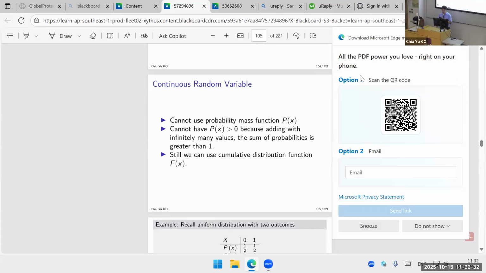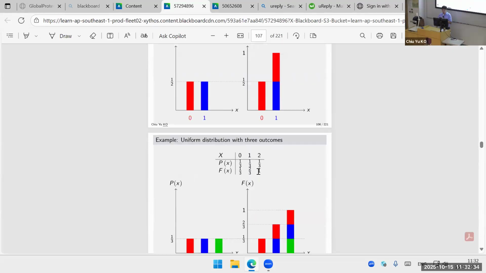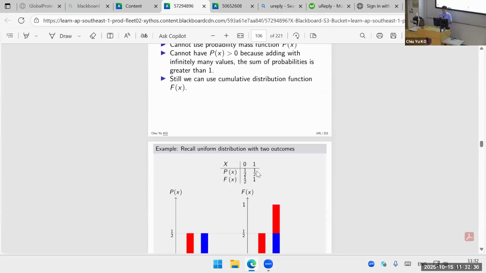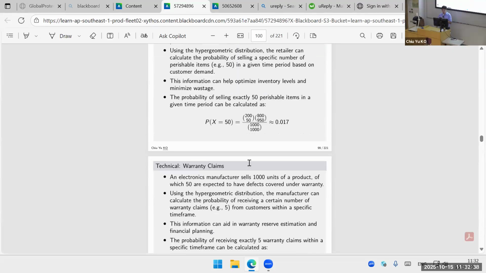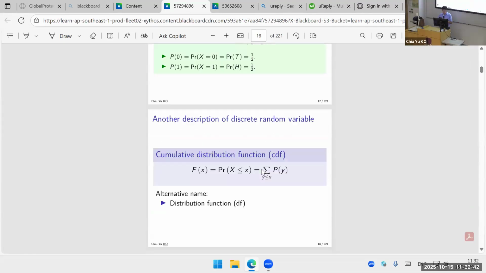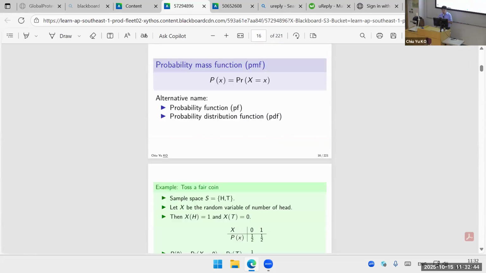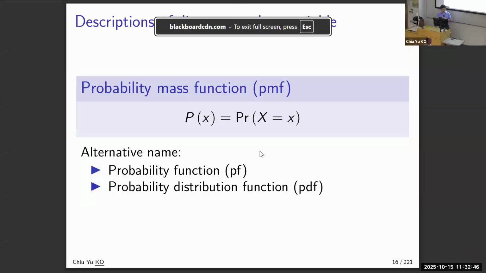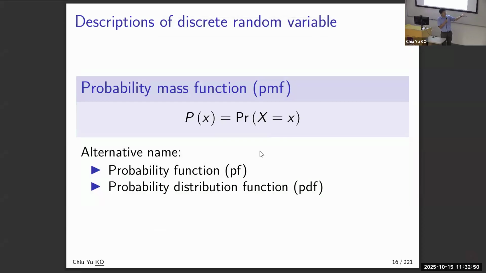So I hope you still remember what big P and big F are. Let's talk about the discrete case first, because that is where you build intuition. Big P is: you give me a number, and I tell you the probability that the random variable equals that number.